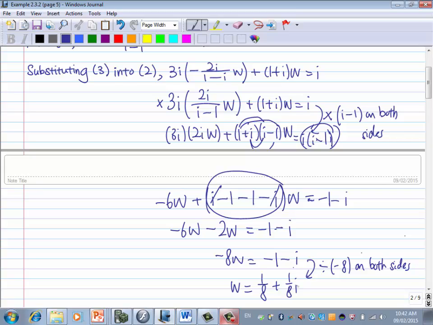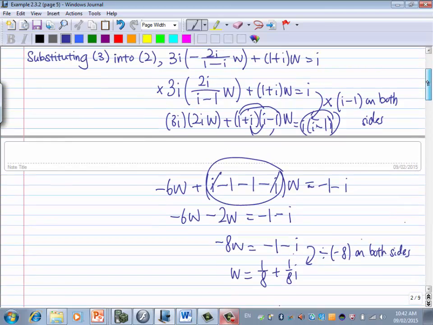Your foot, you're not touching the chair, right? Don't rest on the chair. After this, let us put back 1 over 8 plus 1 over 8i into equation 3.